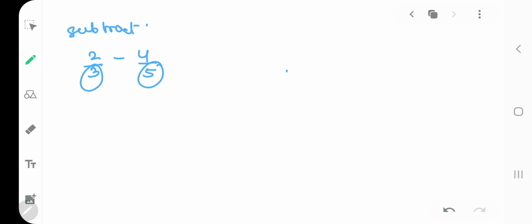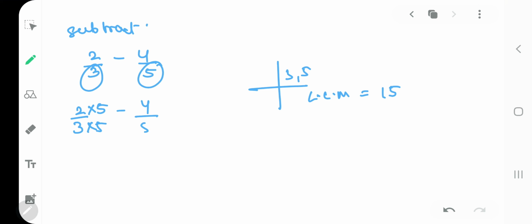You first take the LCM of the denominators if they are different. So the LCM is 15. You have to make 3 as 15, so you will multiply by 5, and you have to make 5 as 15, so you will multiply by 3. So that will be 10 upon 15 minus 12 upon 15, and that will be minus 2 upon 15.